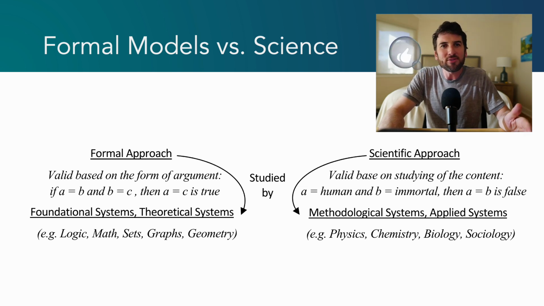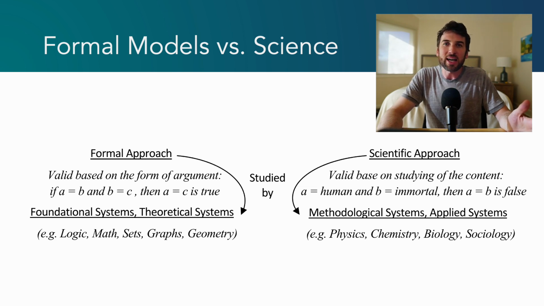Now, a scientific approach is really saying which of these logical approaches actually makes sense of nature. So if one was to say a human is immortal, well, first of all, the background theories of biology say that no organism lives forever. Humans don't live forever, so that shouldn't be true.